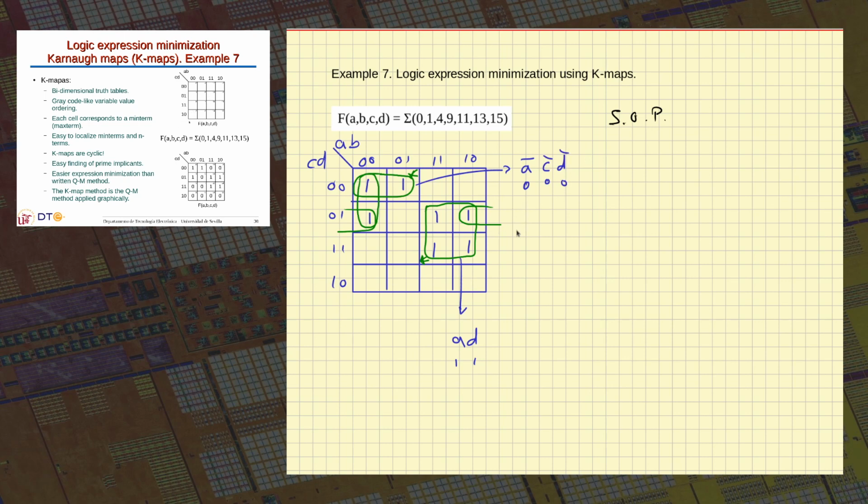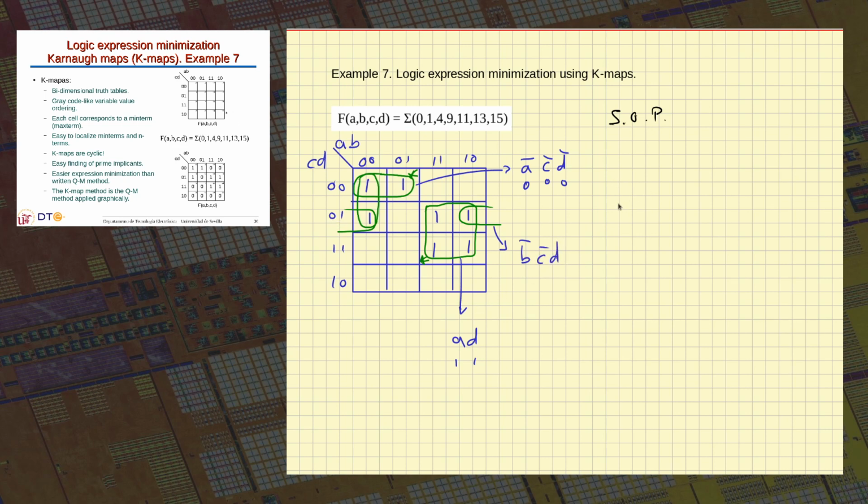And now if I select to use this one, the expression for this one is a prime implicant that is one when B is 0, C is 0, and D is 1.